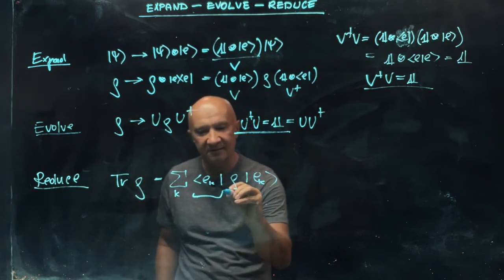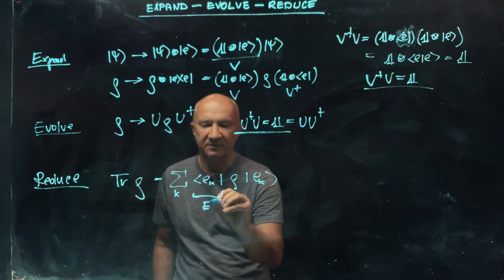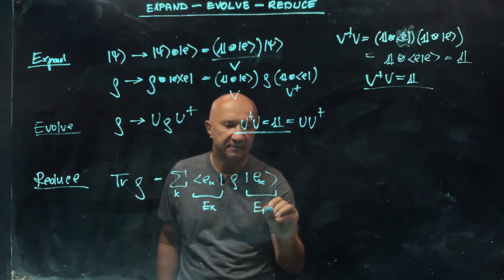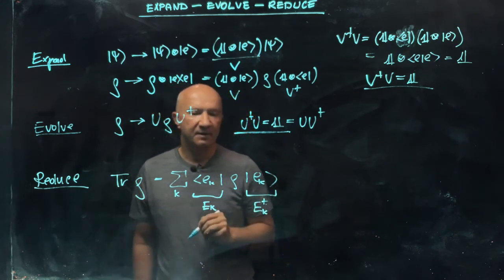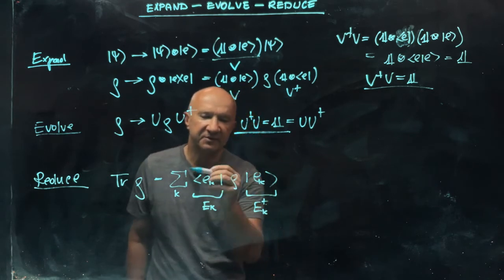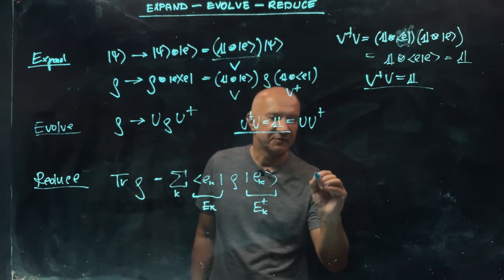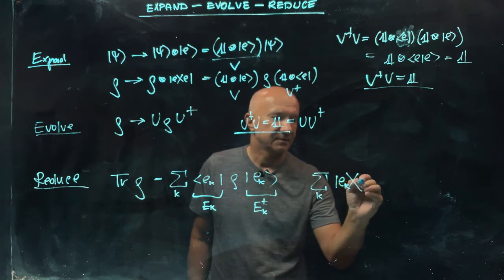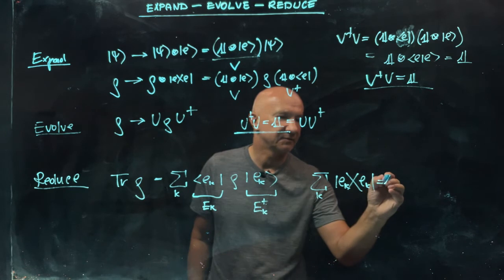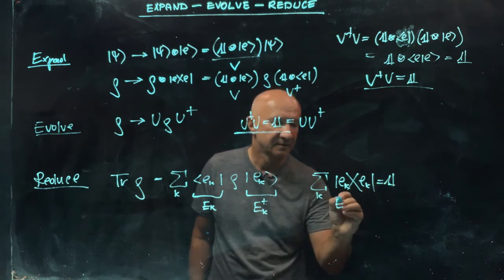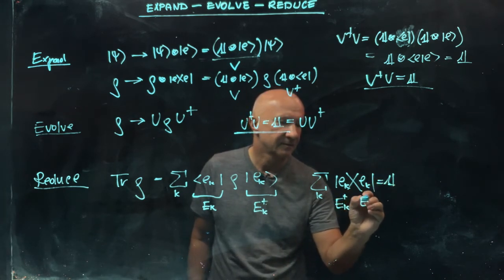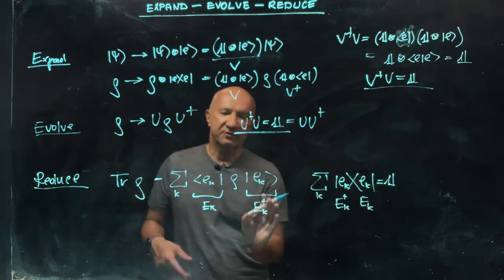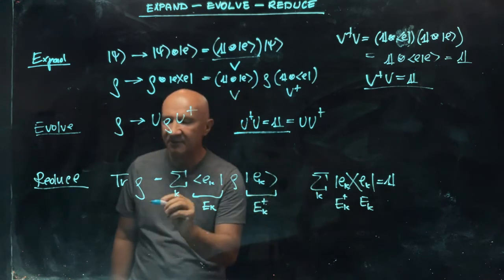You just have to realize that this is your Krauss operator E k, and this is your Krauss operator E dagger k. And because this is a proper basis, for this basis to be complete we require that the sum over E k E k dagger is equal to the identity, and that is exactly the sum of E dagger k E k in terms of the Krauss operators. So trace is written in the Krauss representation.